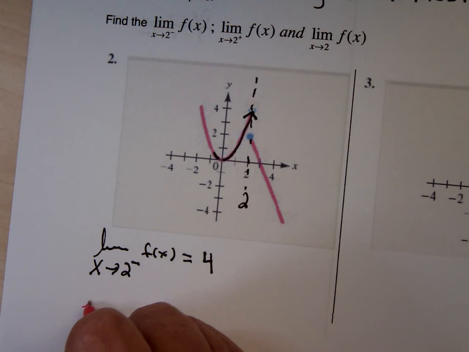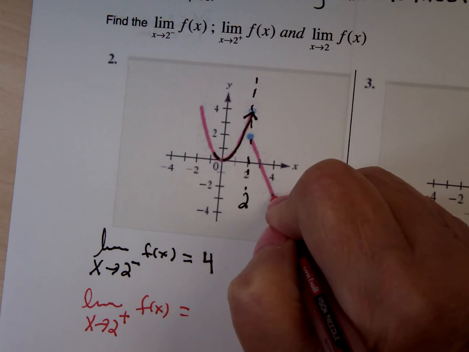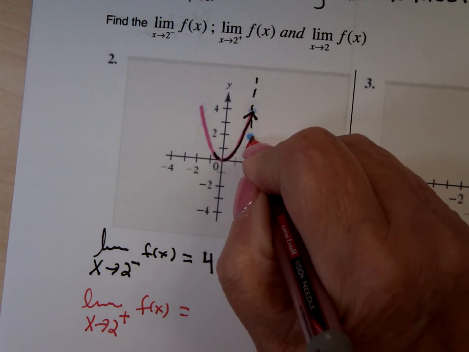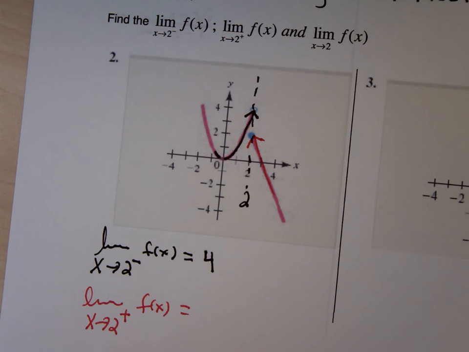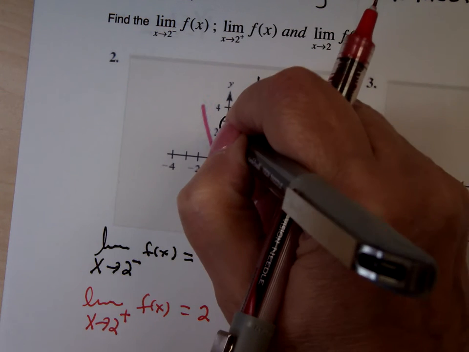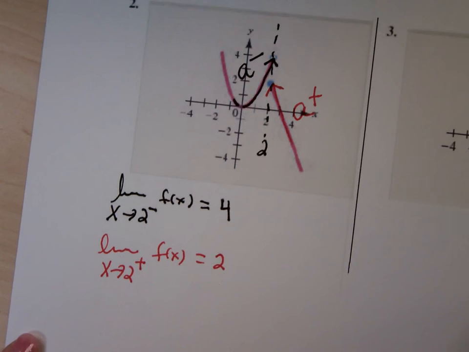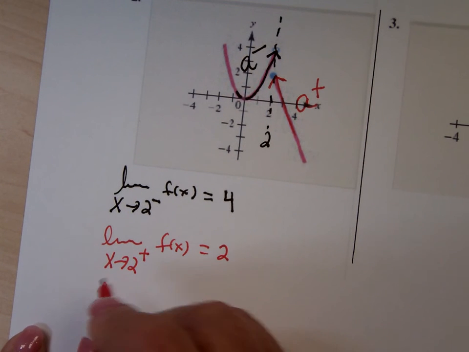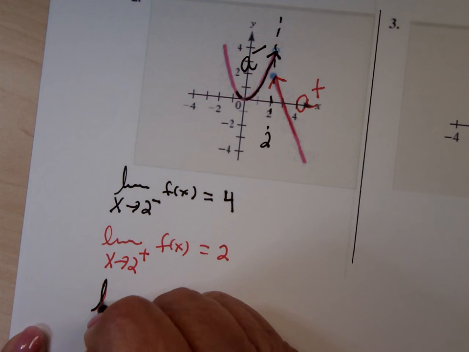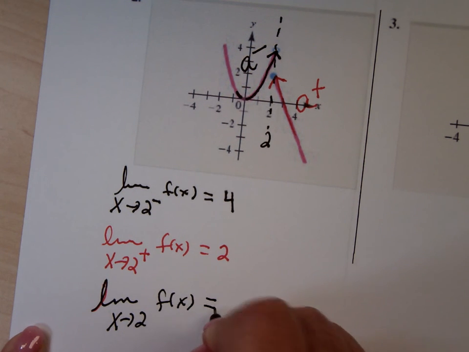And the limit as x approaches 2 from the right, now I'm only coming in from the right-hand side, and where do I end up? 2. So this is a from the right, this is a from the left, which means that the limit as x approaches 2 of f of x, what?